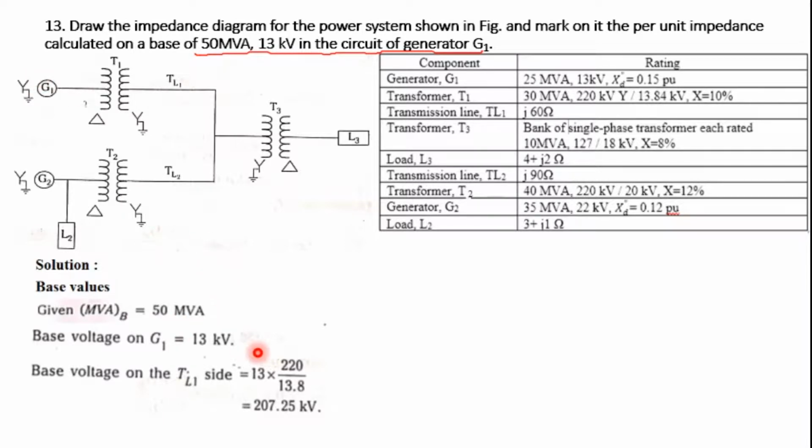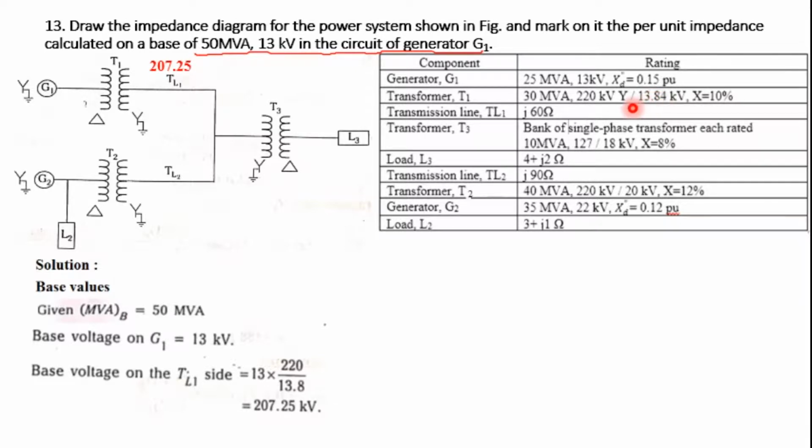Once that is done, we have to calculate the transmission line voltage, that is TL1. The voltage on generator G1 is 13 kV, into the high voltage side of transformer T1, which is 220 divided by 13.8.